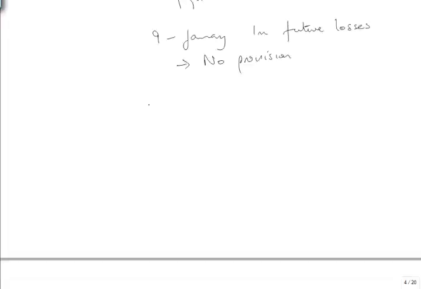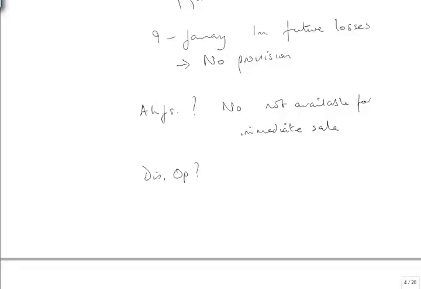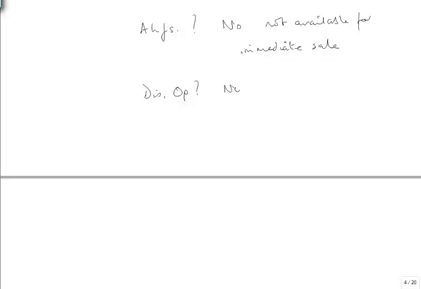We have a possibility of, is it an asset held for sale? And the answer must be no, it's not, because it's not available for immediate sale, and there's not really any need to go on in that area. It's just not an asset held for sale. Is it a discontinued operation? And the answer is no, it's not.